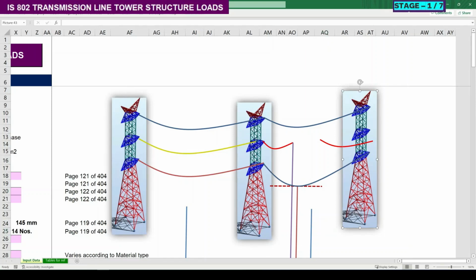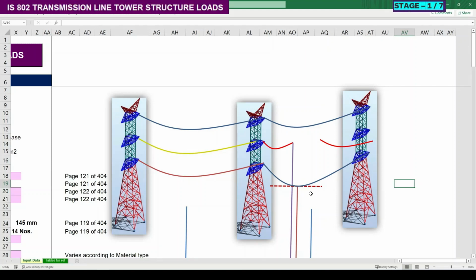But on the right hand side tower, which is just above the middle tower, the conductor will go like this, whereas the lowest point of the conductor is closest to the middle tower, which is at the lower level, whereas at the higher level, the lowest point of the conductor due to the sag is far away from the right hand side tower.